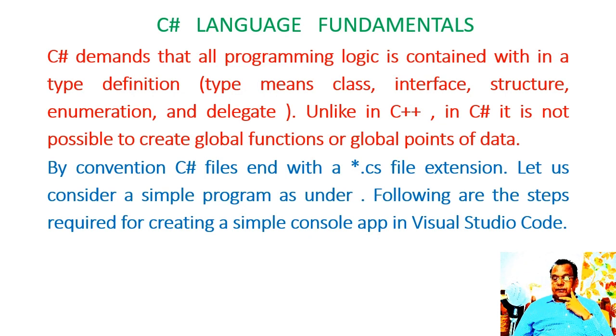We know there are 5 types. Unlike in C++, in C Sharp it is not possible to create global functions or global points of data.